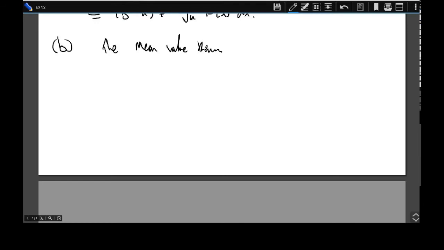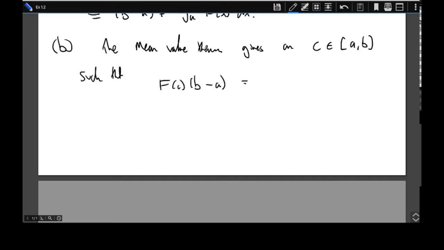The mean value theorem gives that there exists a constant c in between our fixed values of a and b, such that f at c multiplied by the difference b minus a is equal to the value of the integral of f on the interval from a to b.